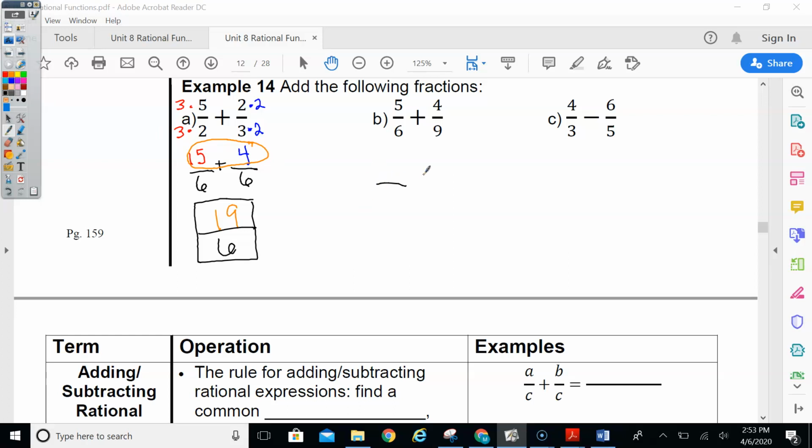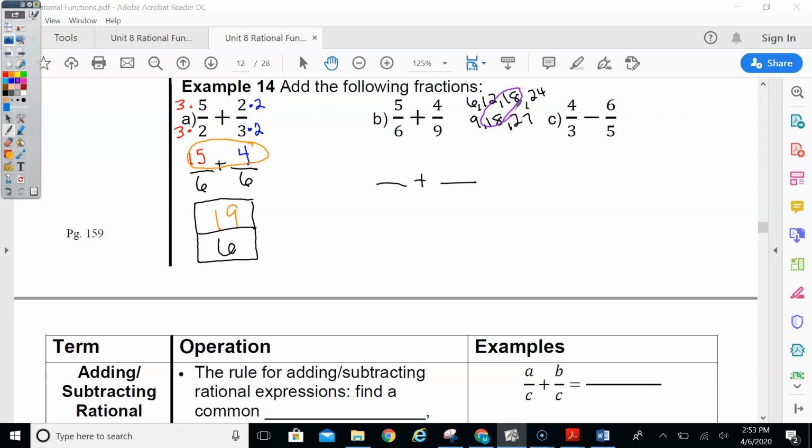But thinking about this one, if I list multiples of 6, we have 6, 12, 18, 24, and so on. Multiples of 9: 9, 18, 27, and so on. The least common one between them is 18.